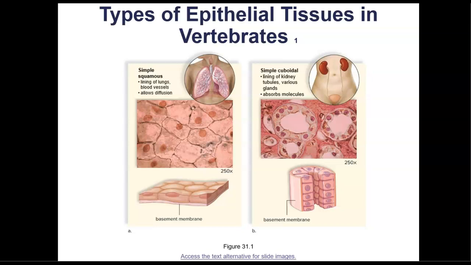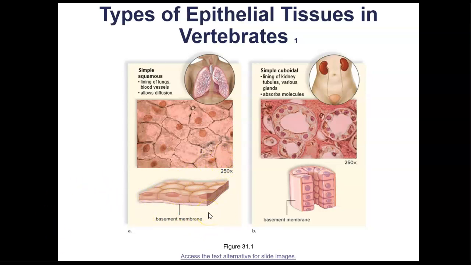The primary example where we're going to find simple squamous epithelial tissue is lining the smallest blood vessels called capillaries. They're microscopic blood vessels, the tiniest blood vessels, and their function is diffusion. They allow for the diffusion of oxygen and nutrients into our tissues.